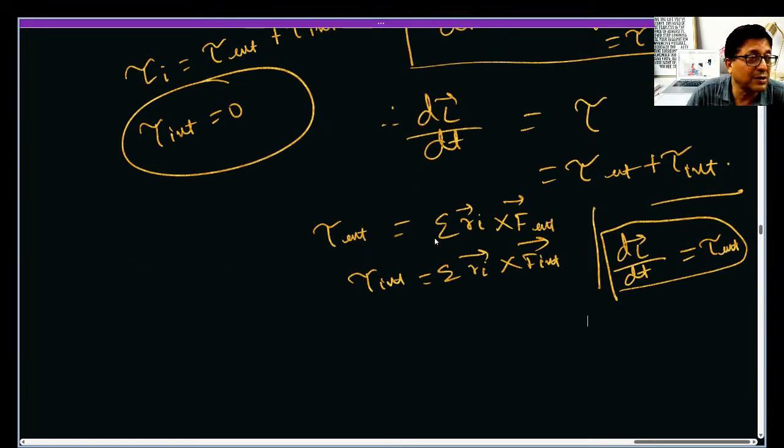Now, how do I account for the last topic? How do I account for conservation of angular momentum? This we are doing for a system of particles, not a rigid body. Next session we will be doing it for a rigid body only. Okay? It's a big chapter.